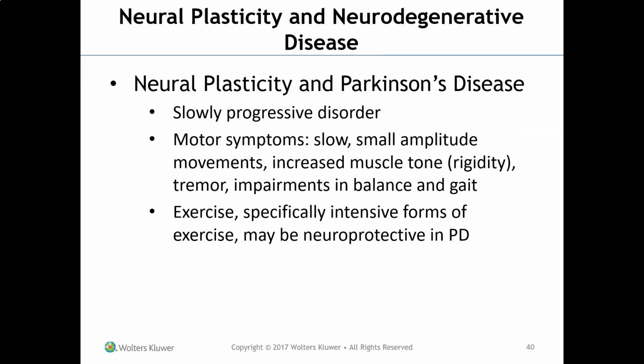Again, neuroplasticity and Parkinson's disease, a slowly progressive disorder. What are the symptoms of someone with Parkinson's disease? They have slow, small-amplitude movements, increased muscle tone, rigidity, tremor, and impairments in balance and gait. From an exercise standpoint, you want specifically intensive forms of exercise, which may be neuroprotective in Parkinson's disease.